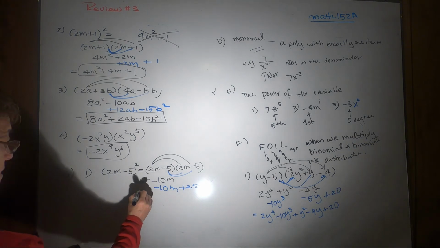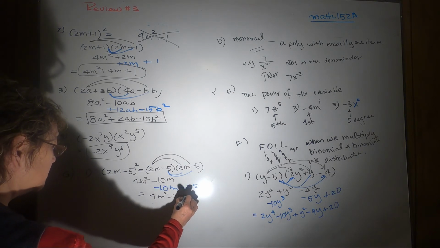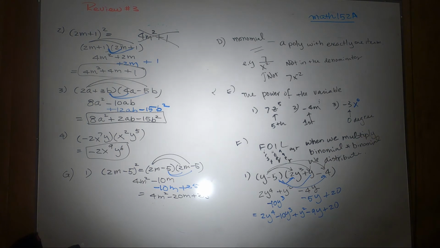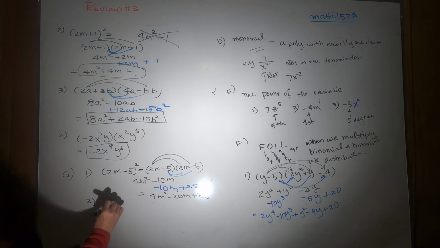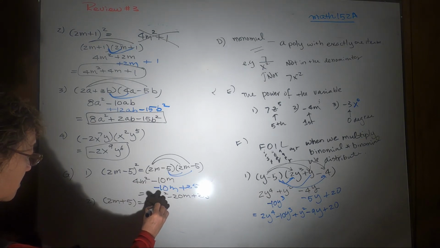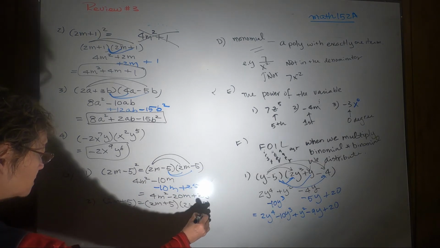right? Then combine the like terms should be what? 4m squared minus 20m plus 25, right? Then if you have a plus 2m plus 5, that would be what? Same thing, except it is positive, right?